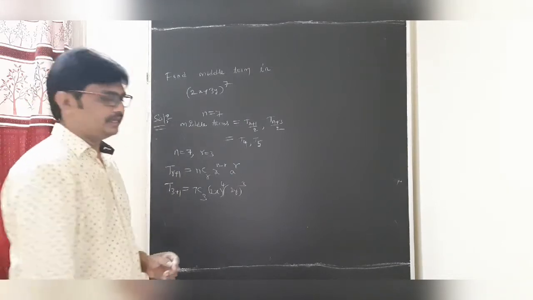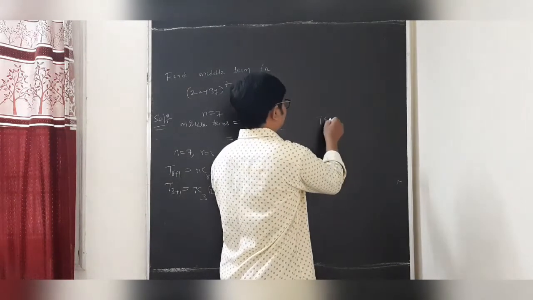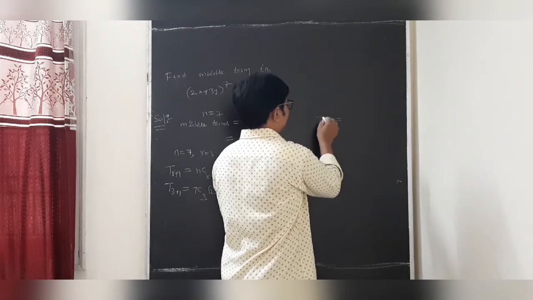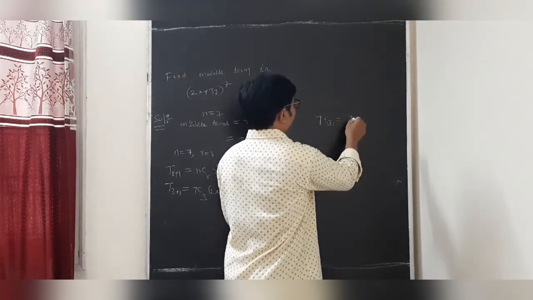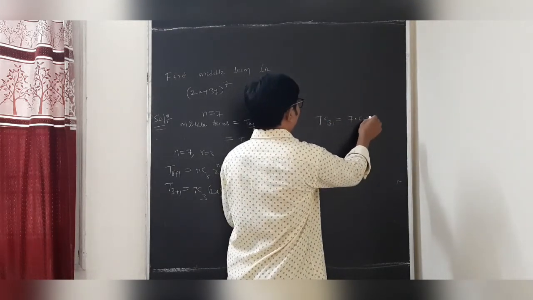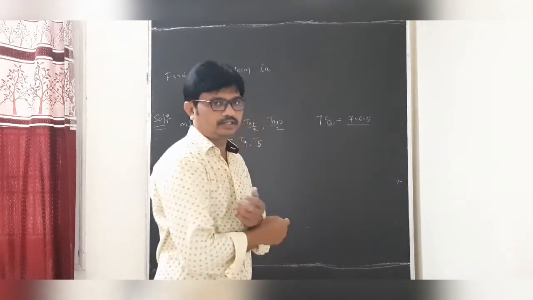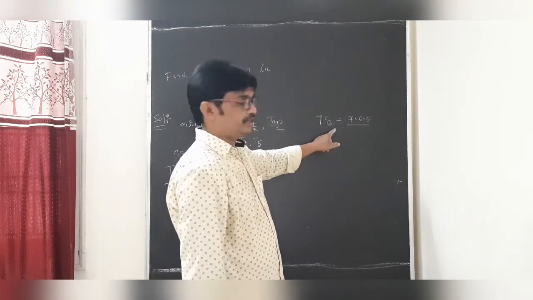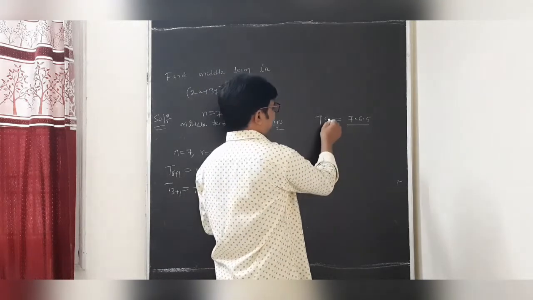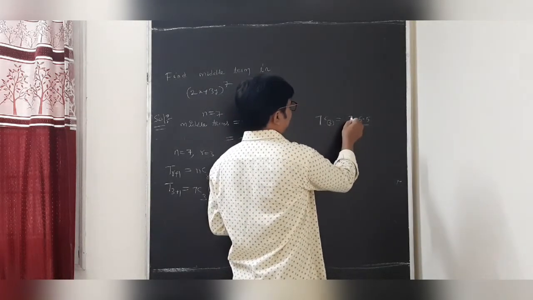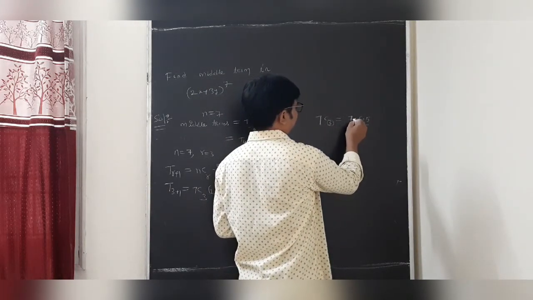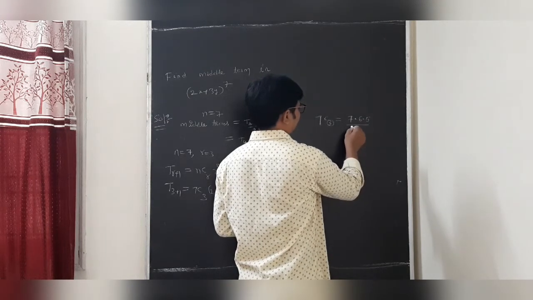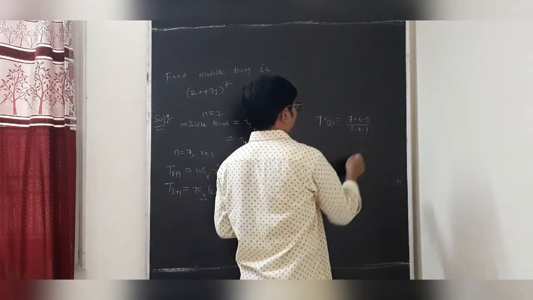Now what is 7C3? This is the shortcut method: when the suffix is 3, we write 3 successive numbers from 7, that is 7, 6, 5, over 3, 2, 1.